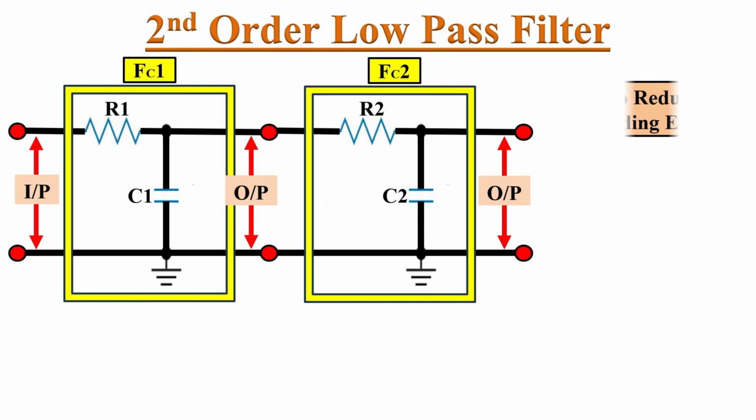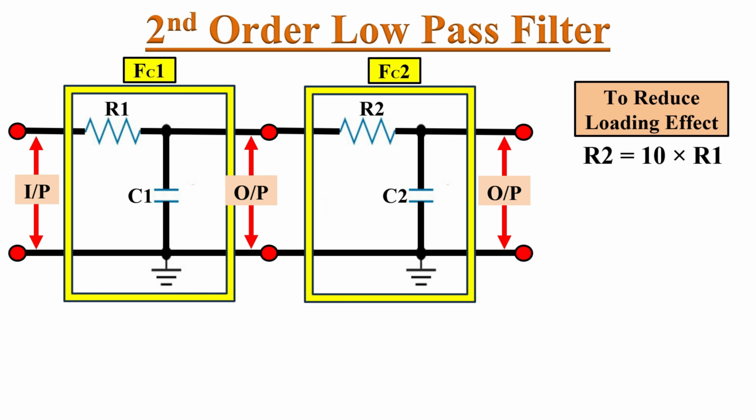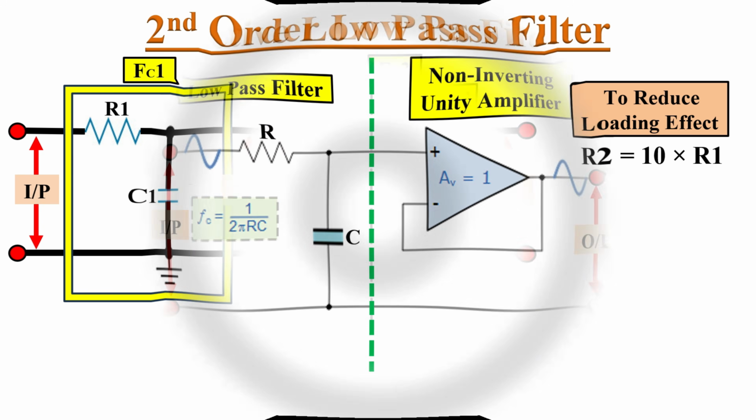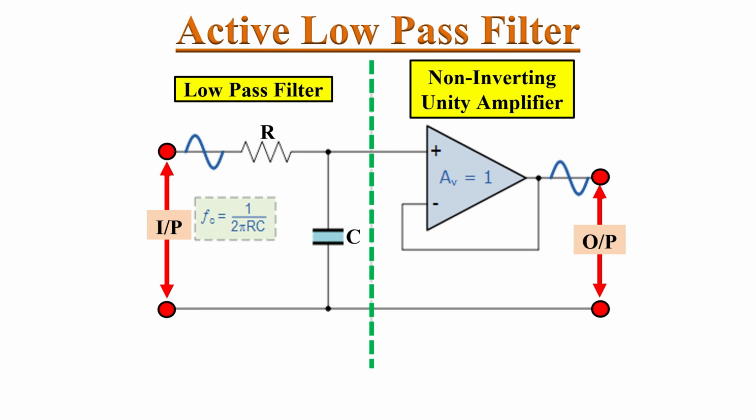To minimize the loading effect, the value of R2 must be at least 10 times R1. And the best way to minimize the loading effect is to use an active filter, because active filters not only provide gain but also act as a buffer between the two stages. We will discuss active filters in upcoming videos.